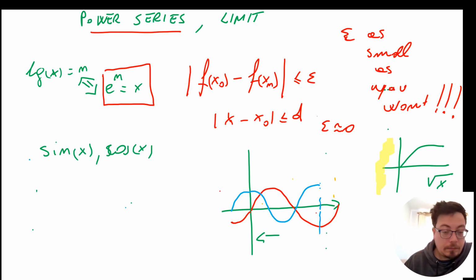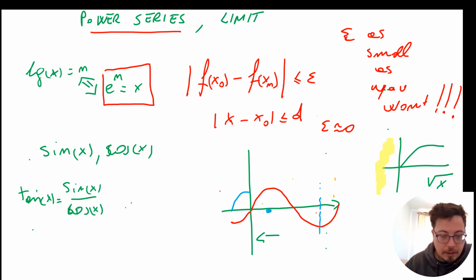But then what about sinus of x over cosinus of x? This is called tangent of x. In this case, the cosinus, which is the blue line, goes to zero here, for example. And I drew it incorrectly, because this should be minus pi.